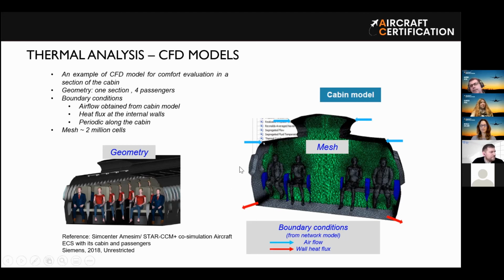And then, after you have this geometry and mesh, you have to consider boundary conditions. Those arrows here are locations where we have to impose some airflow, some temperatures, things like that. Or for example, in the case of the COVID simulation, you have to consider someone releasing some particles, either through coughing or through sneezing.